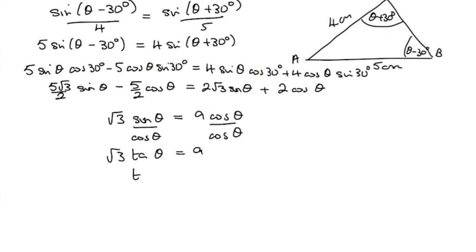Tan theta equals 9 over root 3, and of course if you rationalise that, you get that tan theta is 3 root 3. So we've solved that one, and that's the end of the video for using the addition rule.